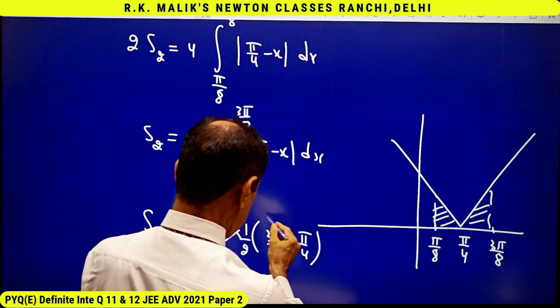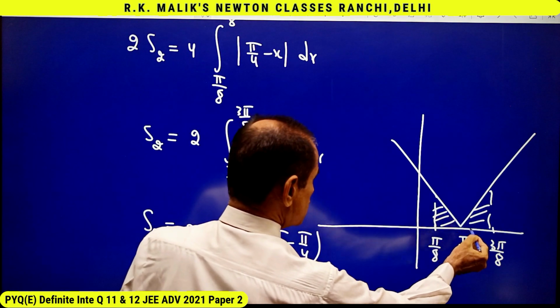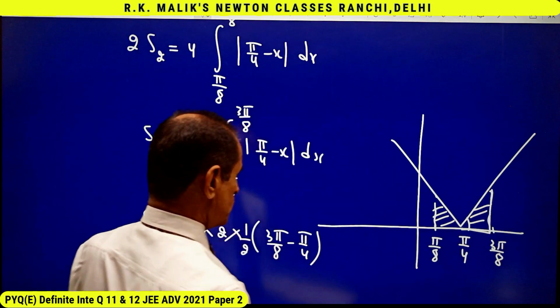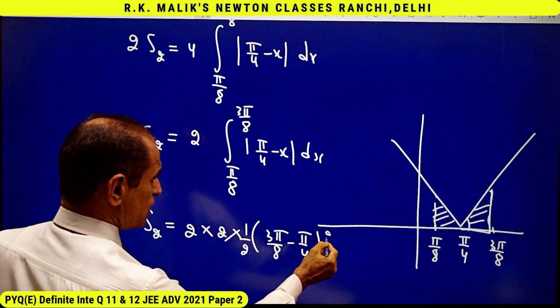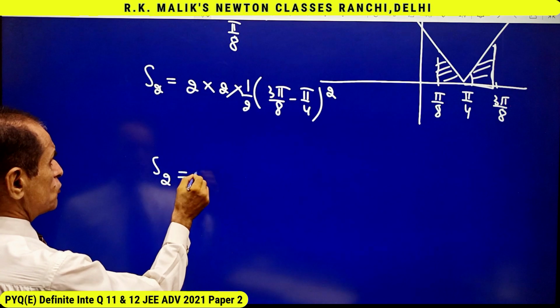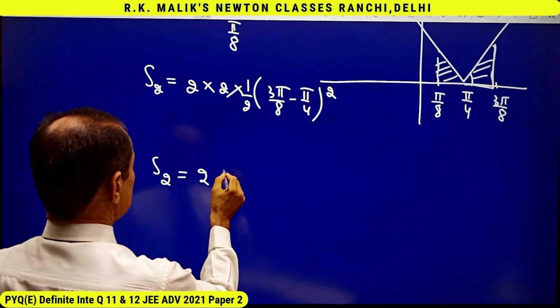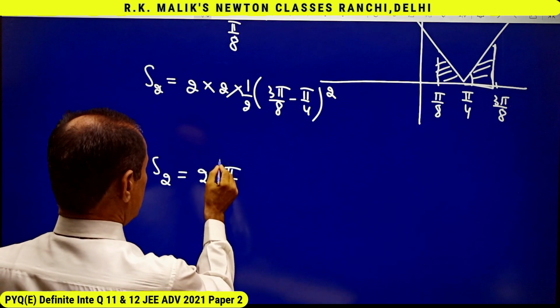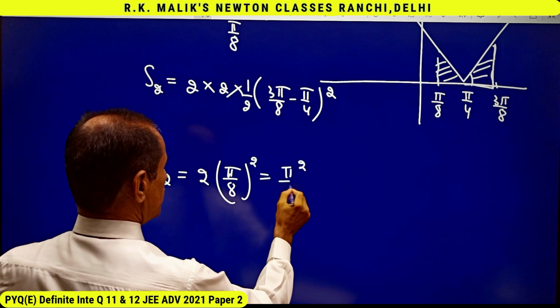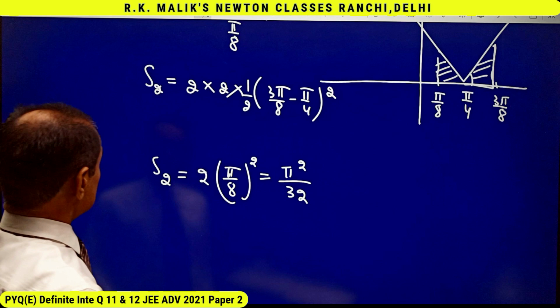Height is also the same because this angle is 45 degrees. Therefore, this length is sure to be equal to this length, so height is also the same. That is, the value of S2 becomes 2 into pi by 8 square, that is pi square by 32.